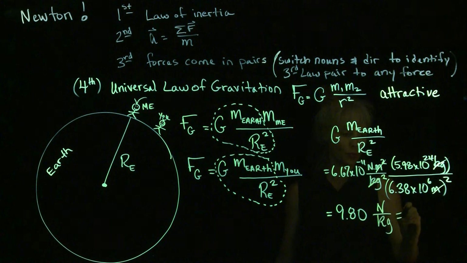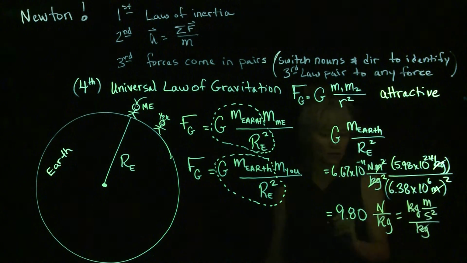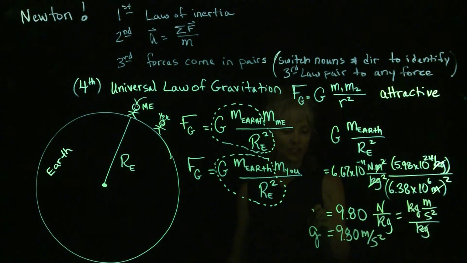And what is a Newton per kilogram? Well, a Newton is a kilogram meter per second squared divided by a kilogram. Kilograms will cancel. And so this number is 9.80 meters per second squared, which I hope you identify as little g.